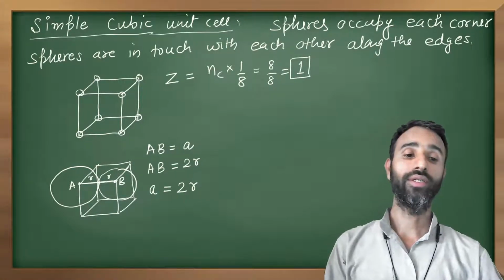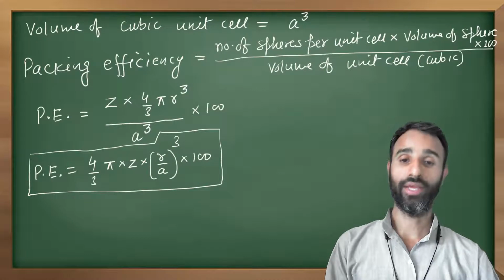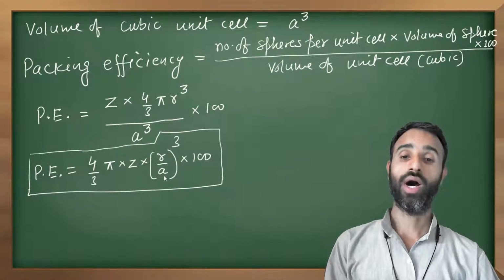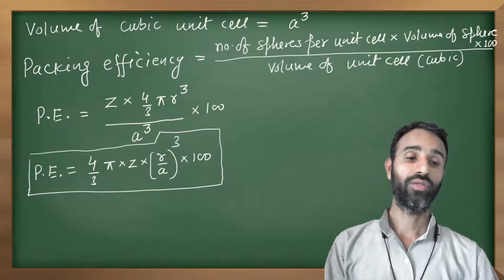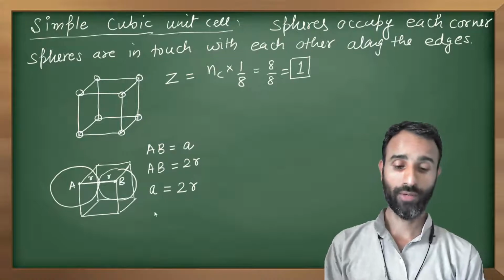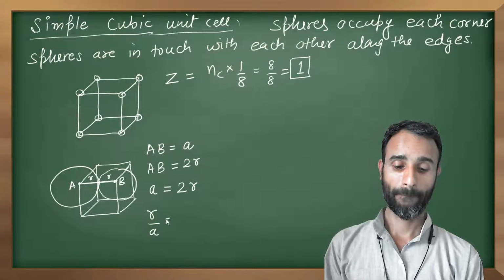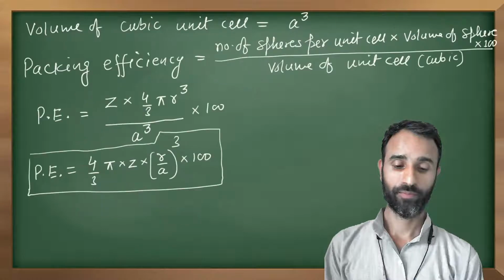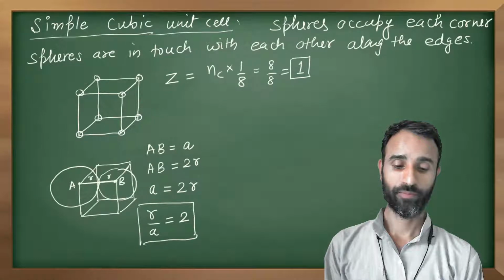And what we need? We need the relation between R and A. So this is the relation. Just put the values in the packing efficiency formula. It is 4 by 3 pi into Z into R upon A cube into 100, that we have already calculated.